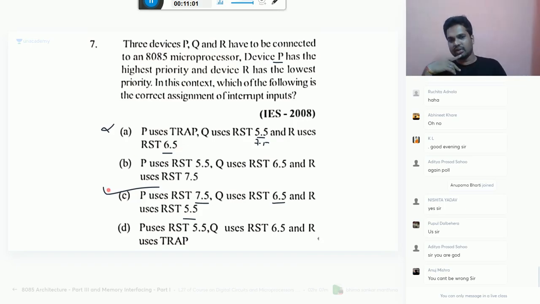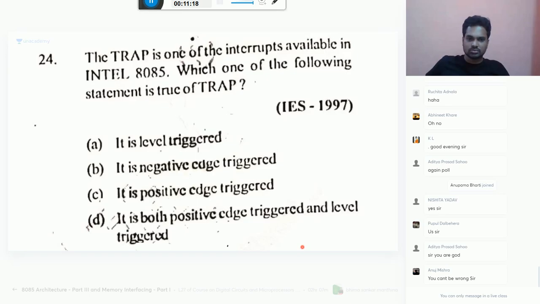It has the highest priority, so you may choose it. But generally the examiner doesn't give that. According to this statement, it can be A, any case which satisfies this with high, this with low. So let's start the poll. What is that? TRAP.